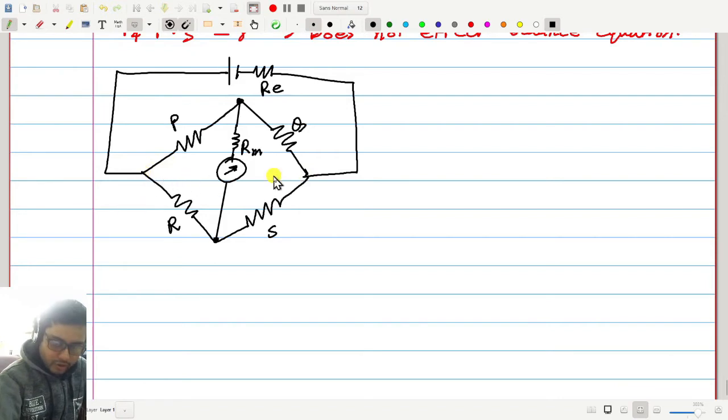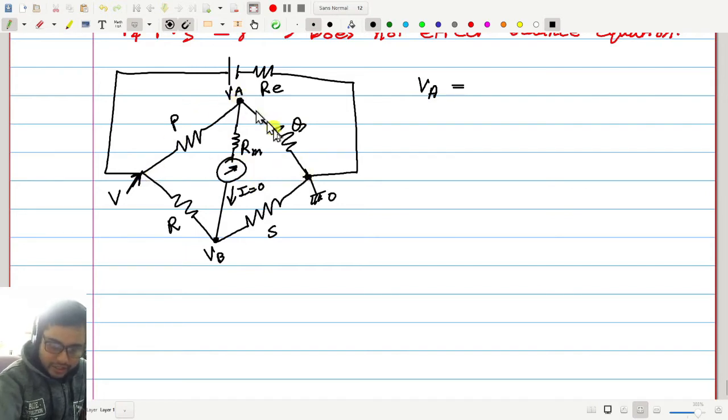Okay. So if I take, say, for example, this potential as reference 0, this potential as V, whatever the V may be, I don't know the value, then this potential, call it VA and VB. VA will be, at balance no current is flowing through the meter, so this current is 0, so apply potential divider rule.